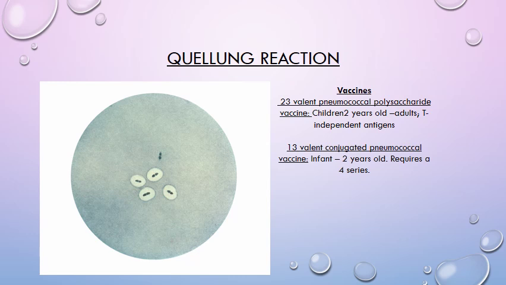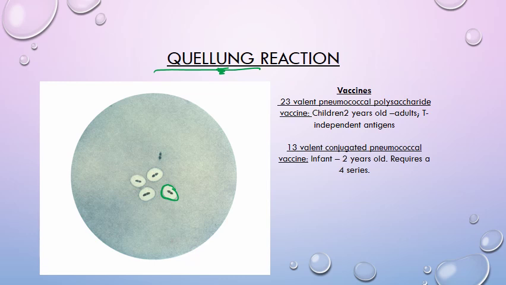So one of the interesting things to note about strep pneumo is this Quellung reaction, and yes, it is a U, it shouldn't be an I, that isn't a spelling error, it is Quellung. So I already mentioned that strep pneumo has this interesting capsule around it. Well, we make antibodies to the capsule, and remember there's all these different serotypes. Well, when antibodies attach to the capsule, it actually allows for water to swell in.